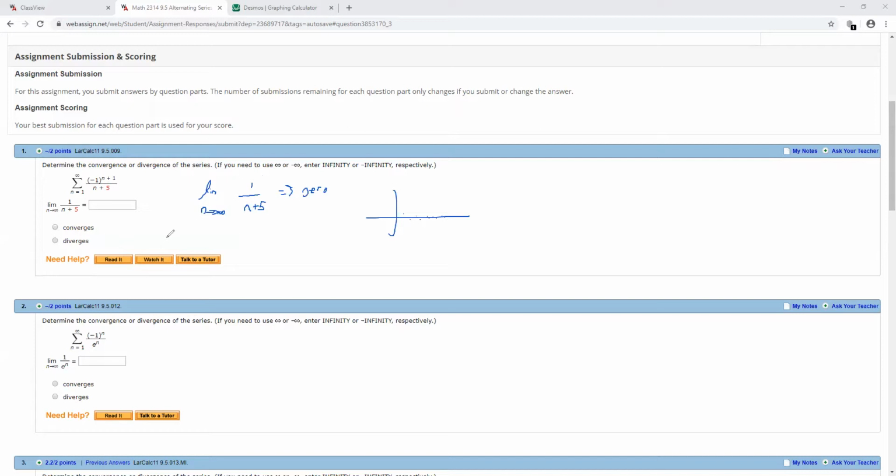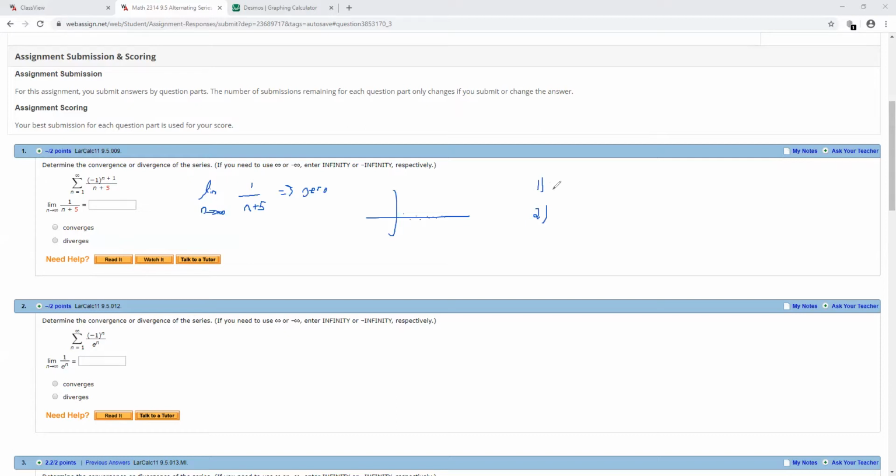The alternating series test. This is alternating. Well, that means we can use the alternating series test. And what does the alternating series test only do? It only tells us if this alternating series converges or not.